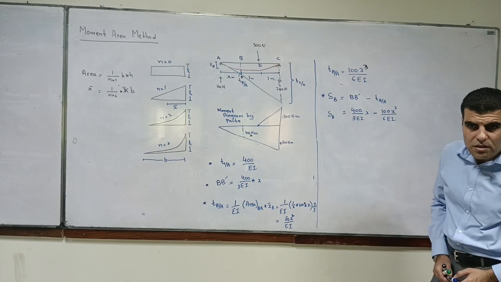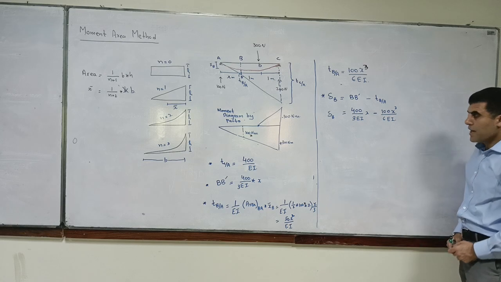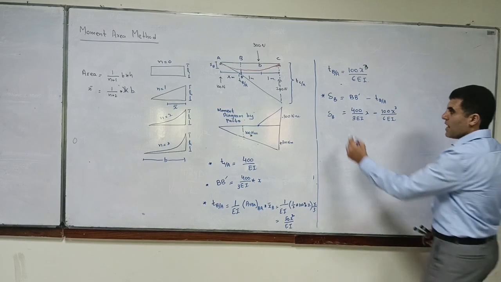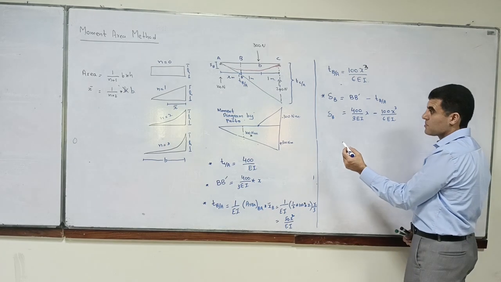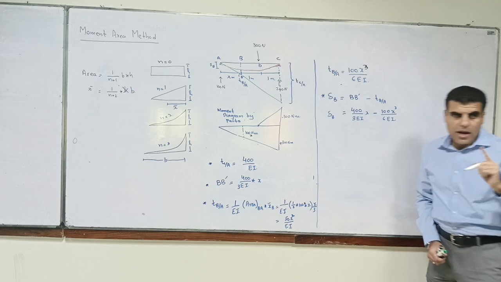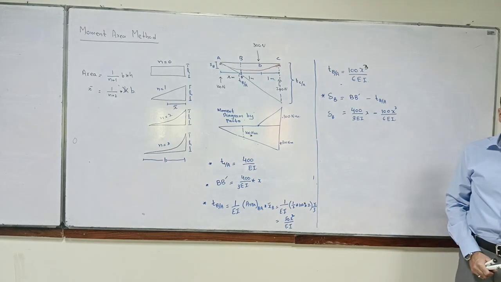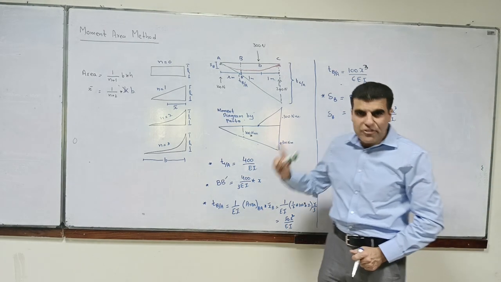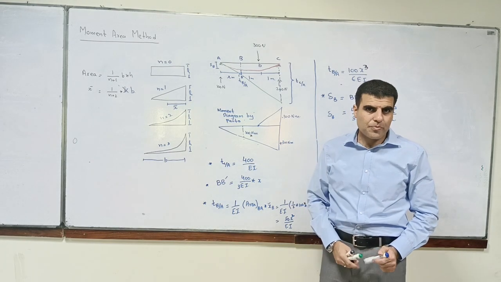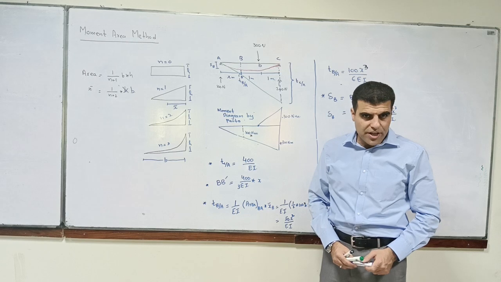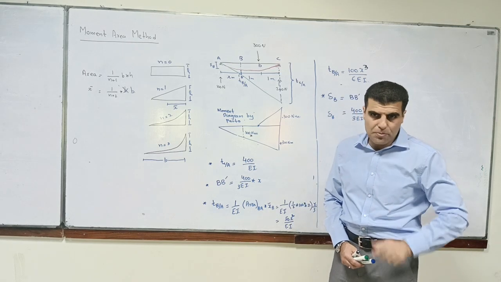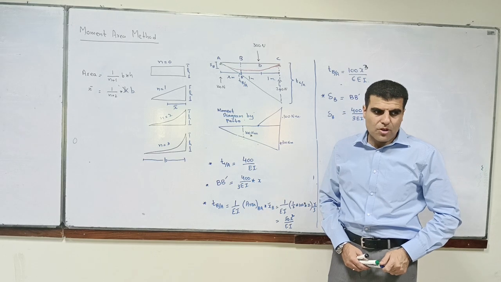Now, what should we do now? How can we proceed? Geometrically speaking, at the point of maximum deflection, we have zero slope. Okay?